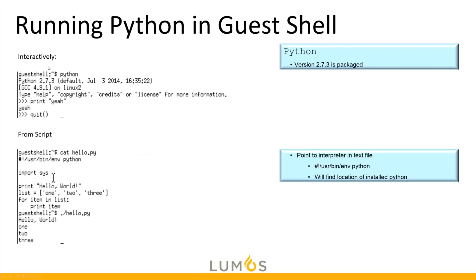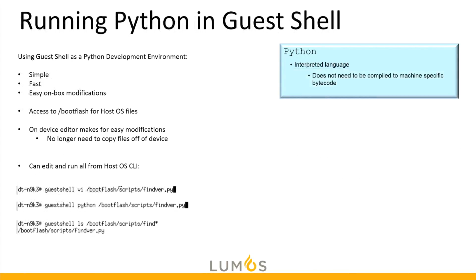And we can either do the interactive shell, as we talked about, or create a script file, upload it through FTP, SFTP, or just create it right there on box with Vim. And then of course we can run this. So here we're creating or editing a file directly from the host, not from in guest shell, but running guest shell and then VI to create bootflash scripts, find vir.py, and then we're actually executing that and running it.